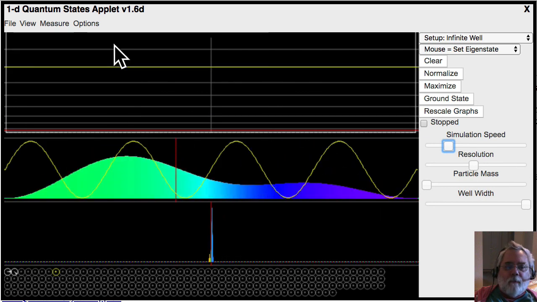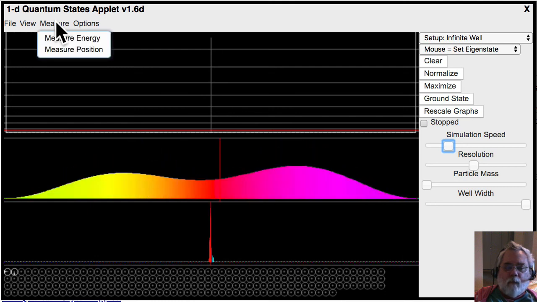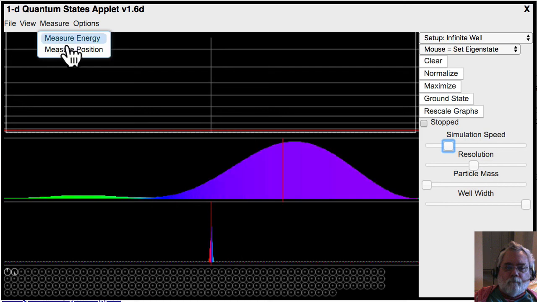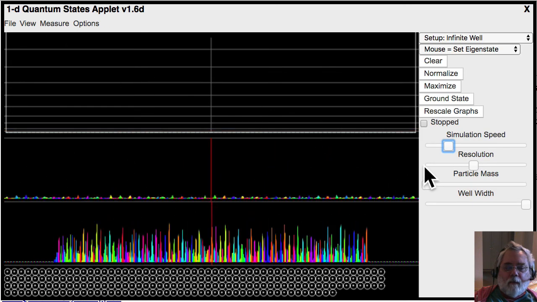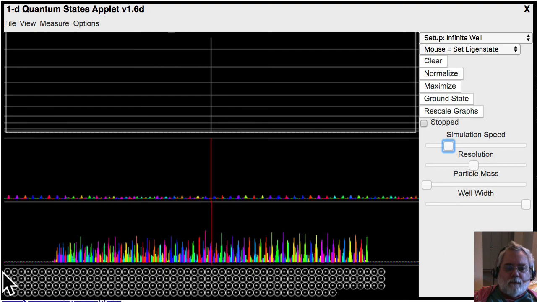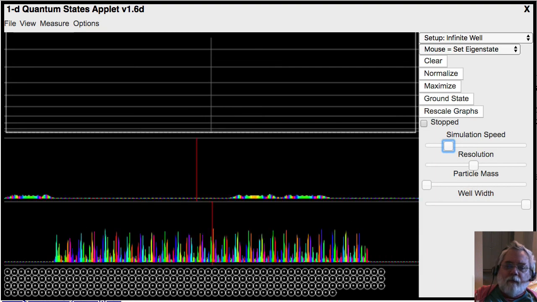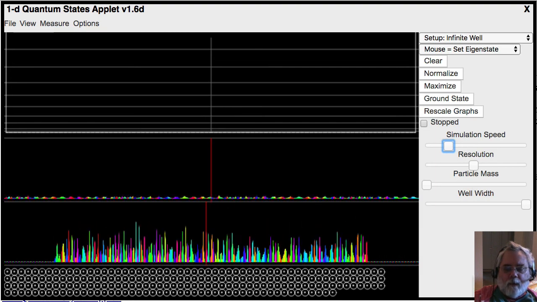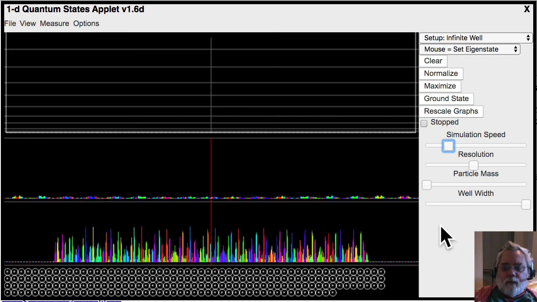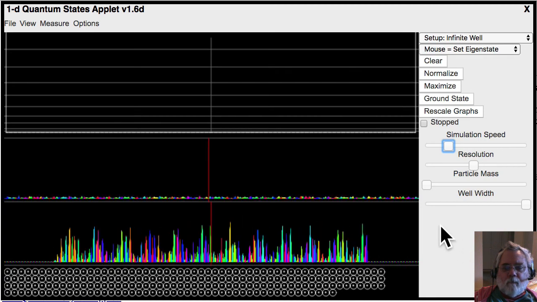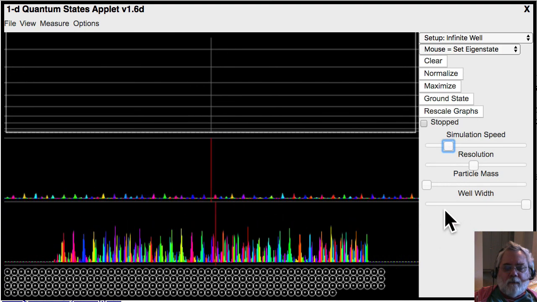Now I'm going to ask it to measure position. What do you think will happen? Boom! Look at all these phasors. When we measured position, we got a value of position. We don't know what it is, but we then got put into a state which is not an energy eigenstate at all.